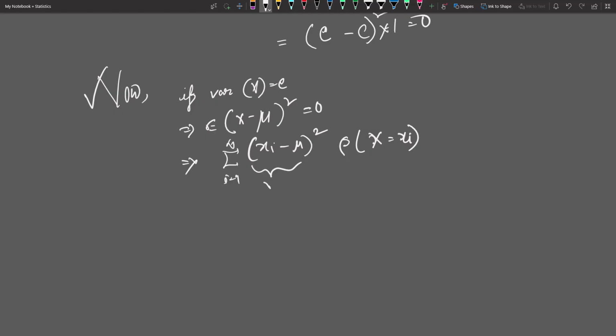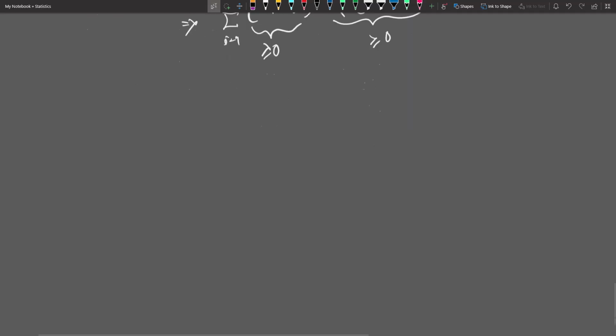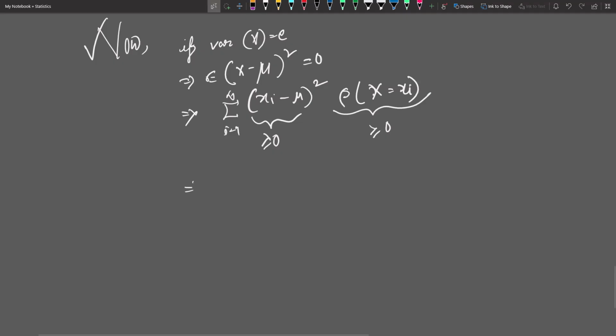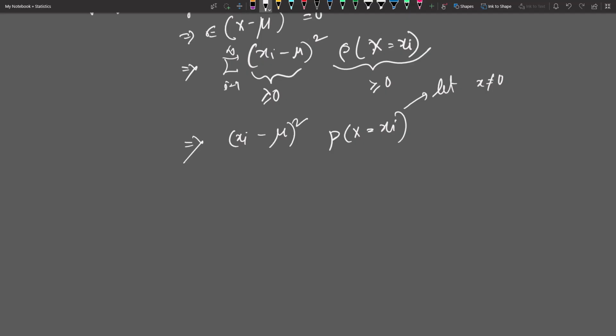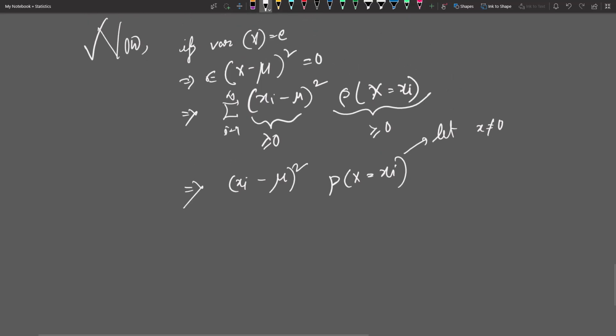This is greater than or equal to 0, we know. This is also greater than or equal to 0, that we also know. And after knowing this, we can write here this and this, letting p(x_i) not equal to 0. So this will be equal to 0.